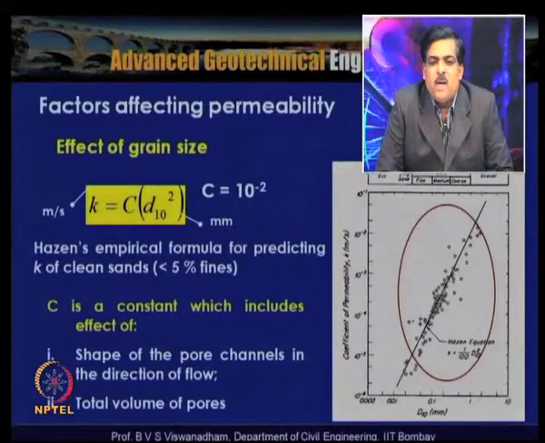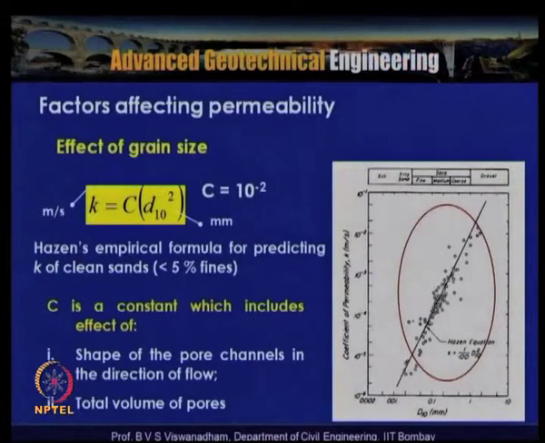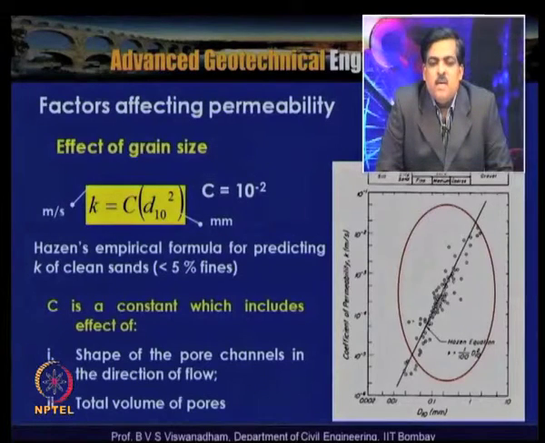So by knowing the effective particle size, in order to estimate the permeability, this relationship can be used. C is a constant, in this case equivalent to 10 to the power of -2, which includes the effect of the shape of the pore channels in the direction of flow and the total volume of pores.